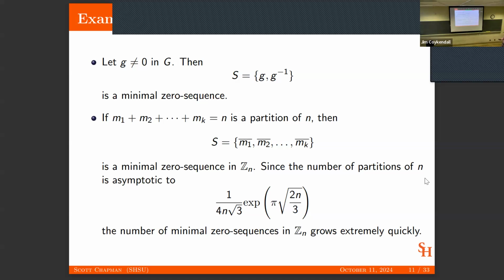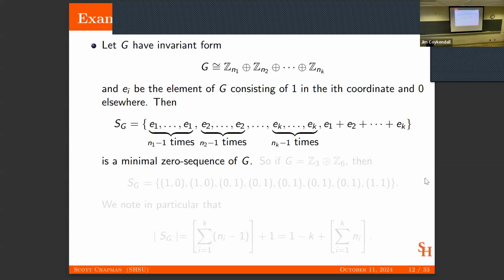Okay. Now, let's talk about another minimal zero sequence that is a natural one to look at, but a lot more complicated than the last three or so that I've looked at. And there's a lot of ways to write this down, and I don't think I've ever found the best way to write it down. This is the best way I know of.